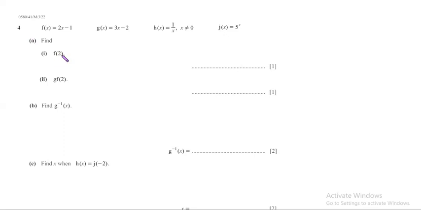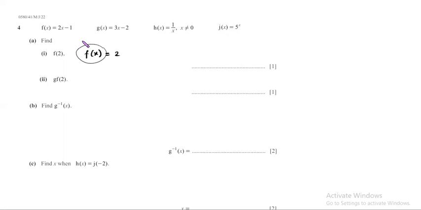F of 2 means, now here you can clearly see that the 2 is given within the brackets next to this f. That means this 2 is the input. If it's given as f of x is equal to 2, that explains this 2 is the output for the function.